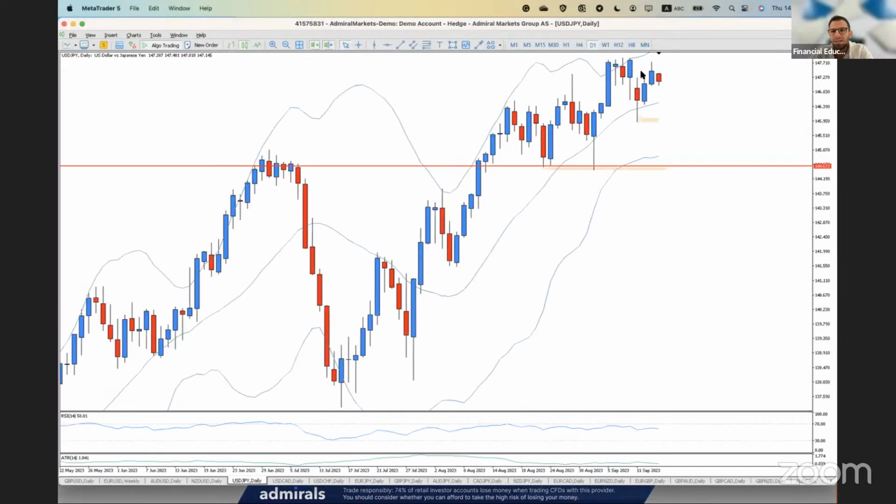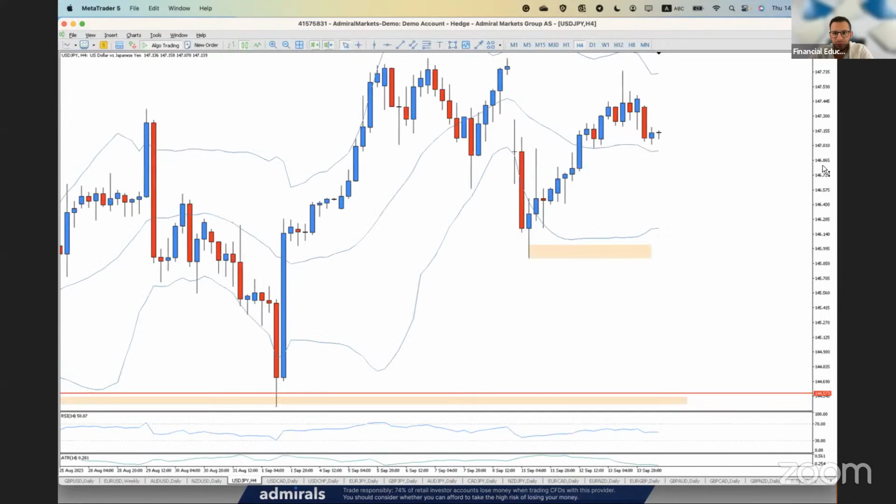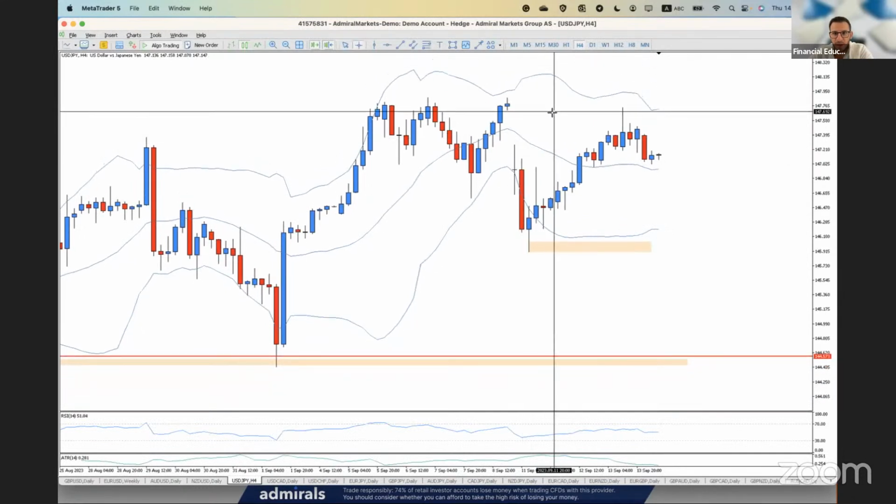But why do that here where there is a resistance up there? I don't understand. Anyway, let's see if the market is going to drop. So on the 4-hour chart, it was an obvious gap, and we said gaps are likely to get filled. All right, so we'll see what's going to happen here.